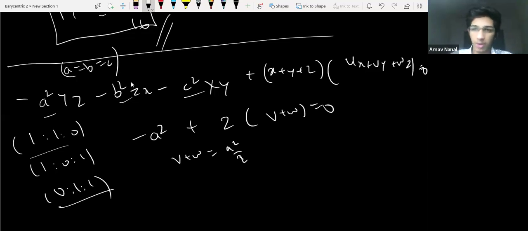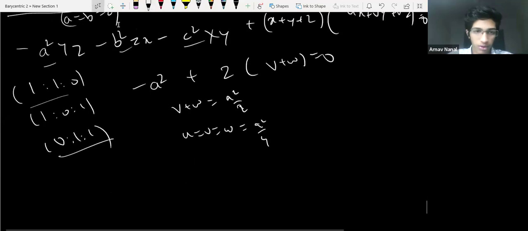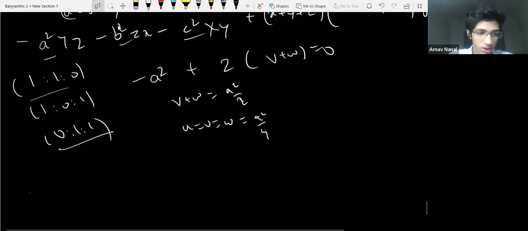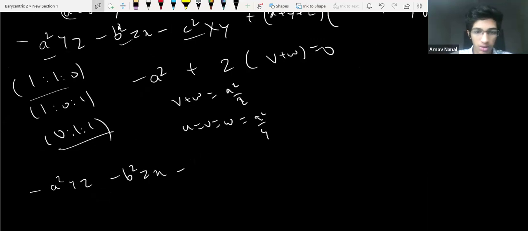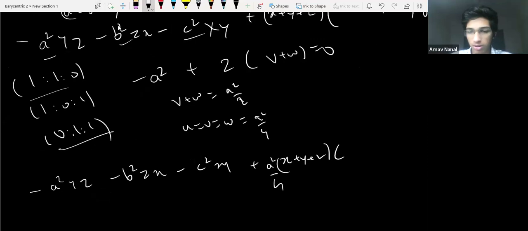But by symmetry, of course, u equal to v equal to w. So you get u equal to v equal to w is equal to a squared by 4. So now you get the equation minus a square yz minus b square zx minus c square xy plus x plus y plus z into, I'll just take this square by 4 outside. It will be this whole square.